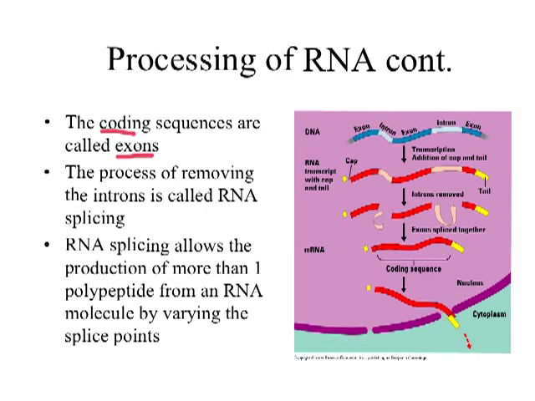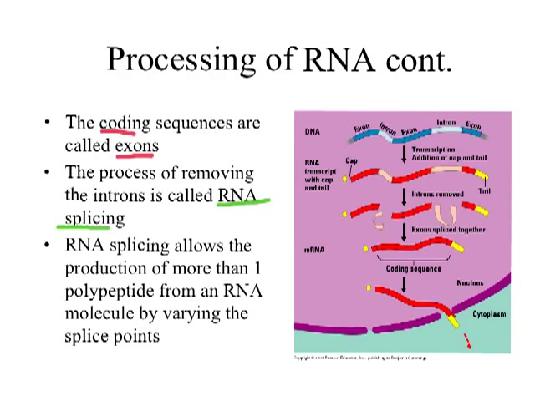That process we call RNA splicing. We take out the introns and we splice together those exons to make the complete sequence for a particular protein. Now, RNA splicing is going to allow the production of more than one polypeptide from an RNA molecule, by varying the splice points.